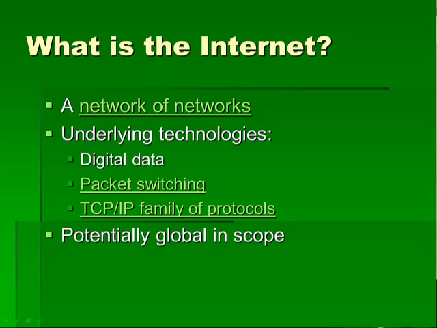You use a way of moving that digital data which is called packet switching, and all of this falls under rules or protocols called the TCP/IP family of protocols. The idea initially was that this should be a global system with no boundaries between geographically separate political areas, and therefore potentially global in scope.